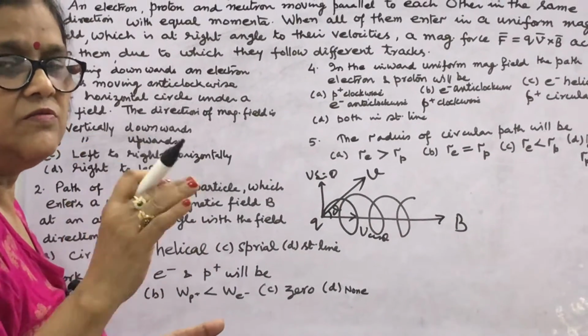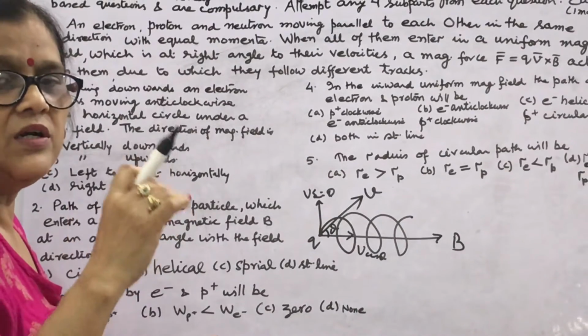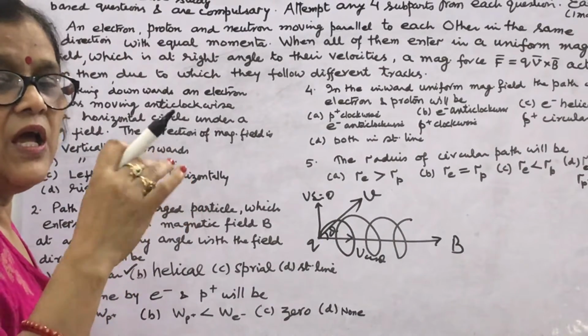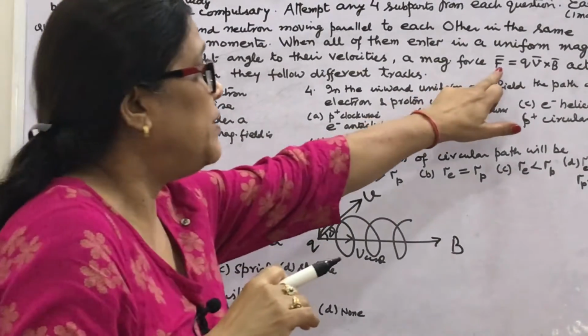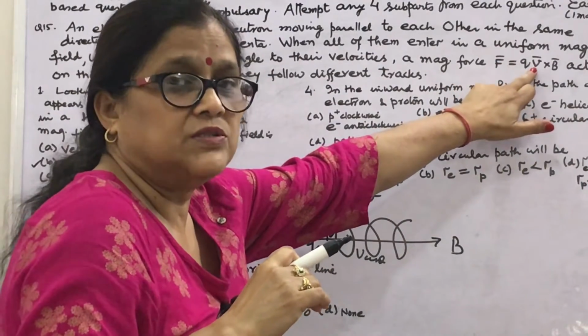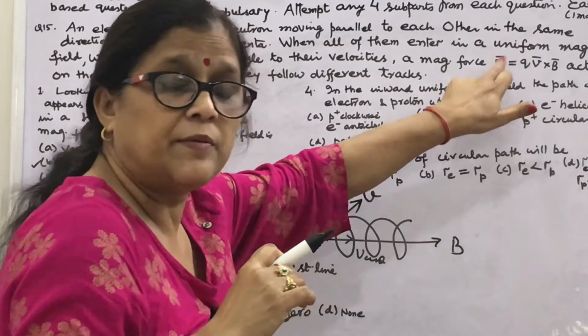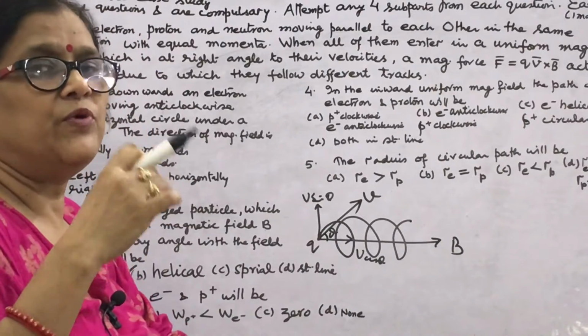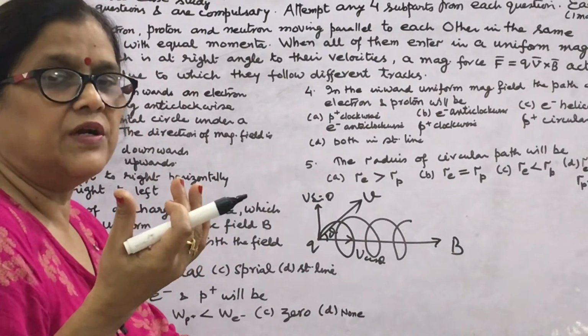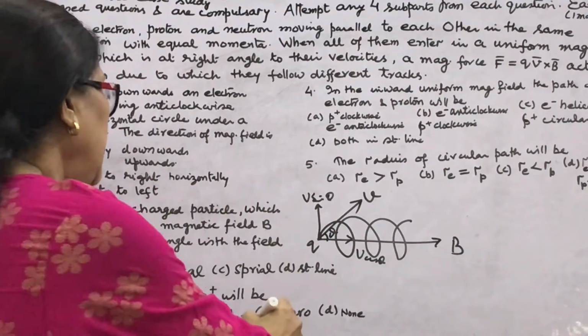Why? Because work done is force dot displacement. Force and velocity will be perpendicular. Force and displacement will be perpendicular at each and every point of the circle. Therefore, no work done. So this option will be correct.